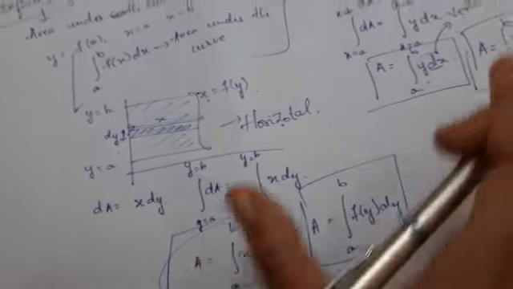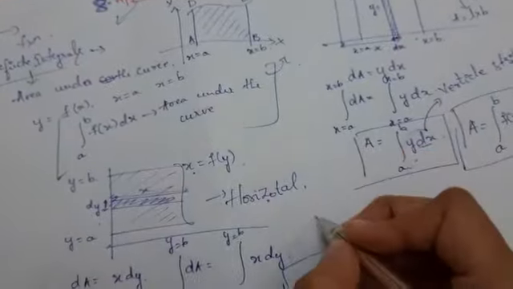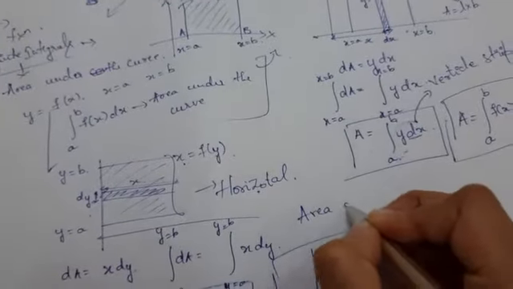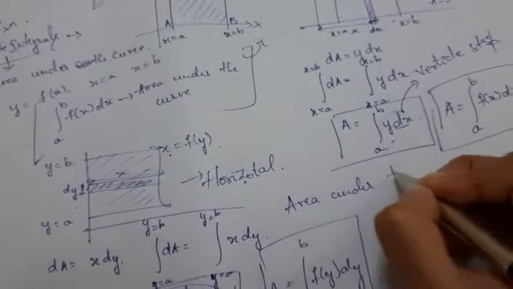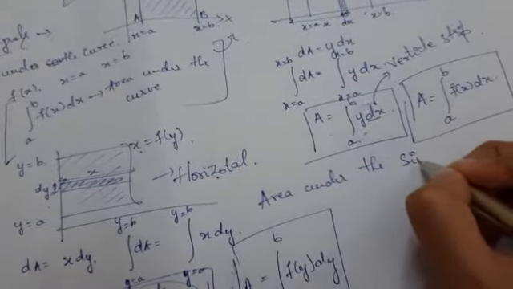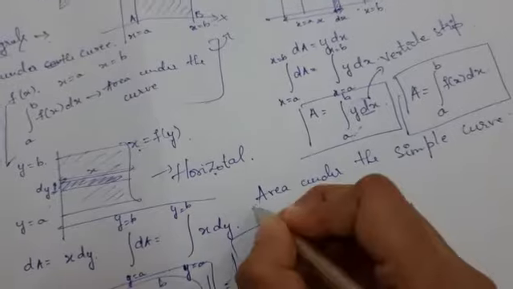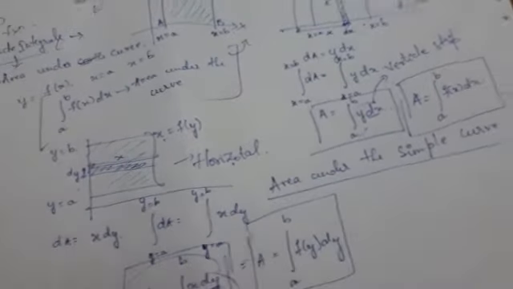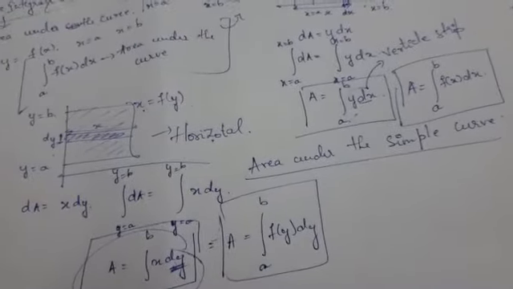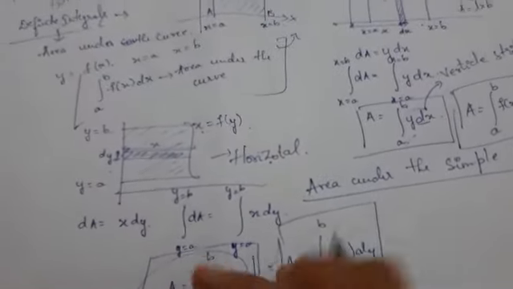So this is regarding the basic thing, that is the area under the simple curve. This is a basic idea of the application of integrals when it comes to the concept of area under the simple curve. So these are the two things.